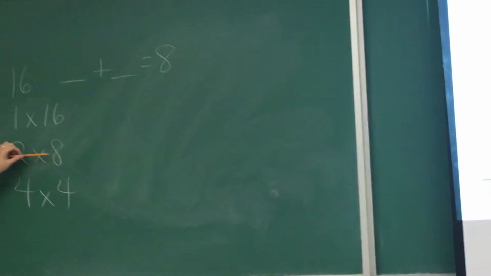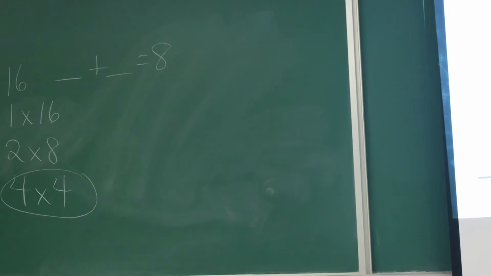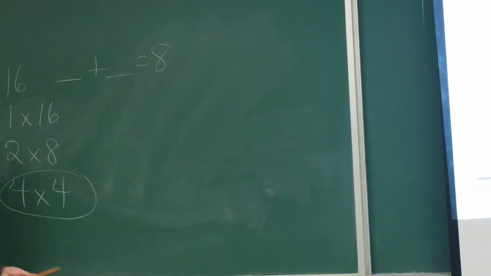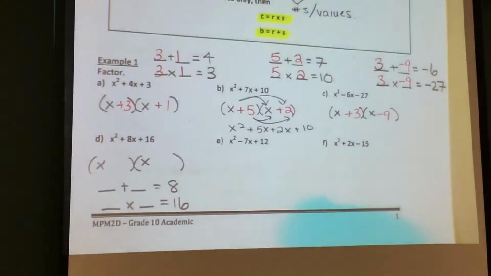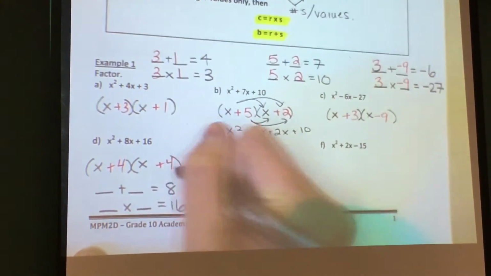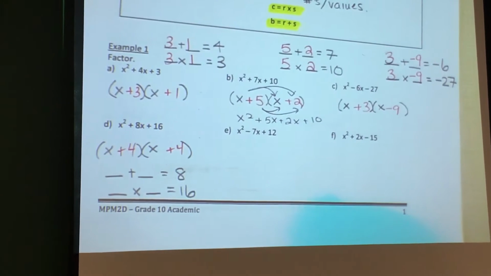Okay, but plus or minus 2, not going to get you to 8. Okay, I see 4 and 4. I can use 4 and 4 to get me 8. Okay? So in this case, we would have plus 4 plus 4, which is also known as a perfect square trinomial. Right, guys?